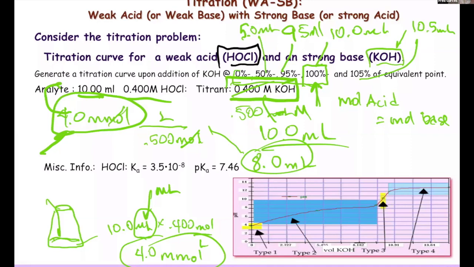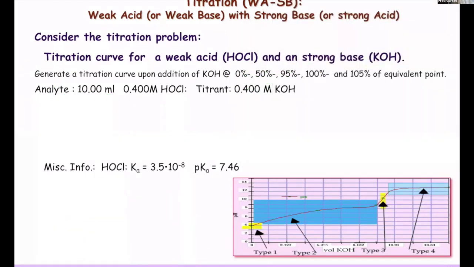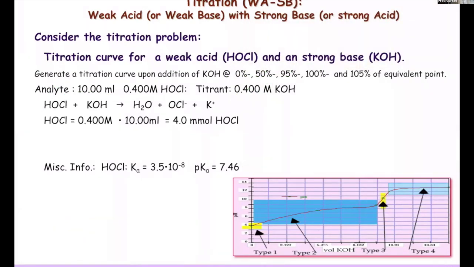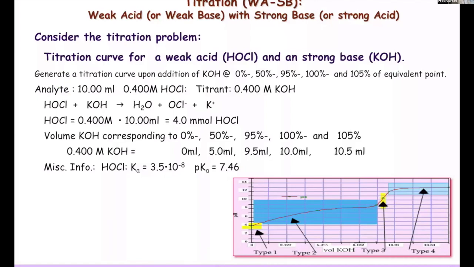You'll be using the wrong volume, and you won't hit the pH points. Okay, so let me just clear this out. This is basically the math I'm showing you, and you could have done this without doing the math because the concentrations are the same. 100% is 10 milliliters.